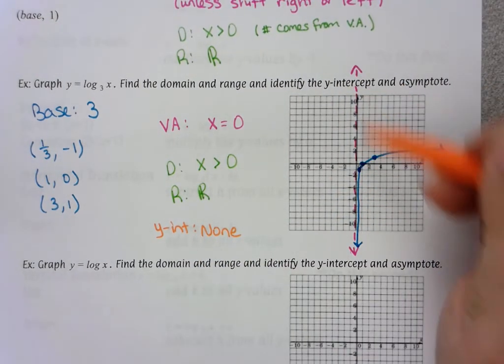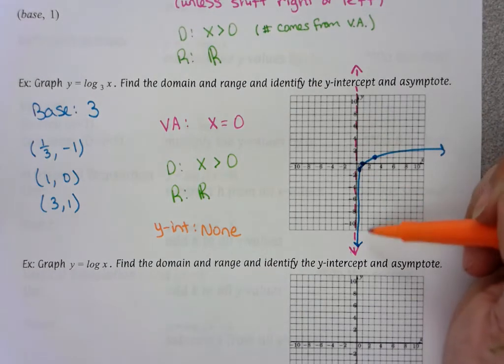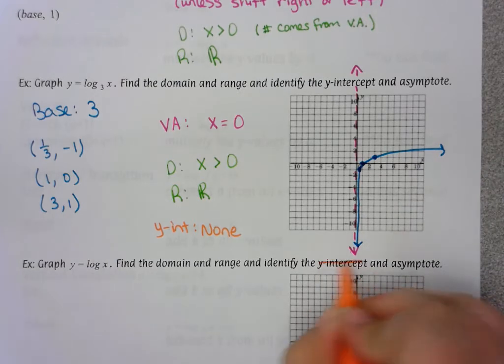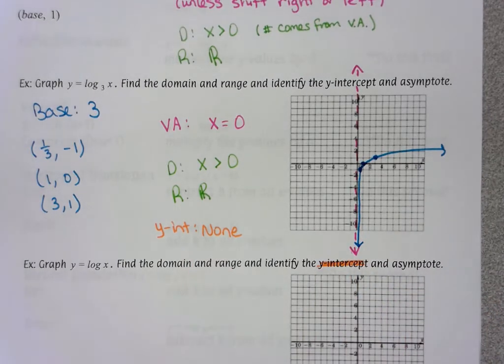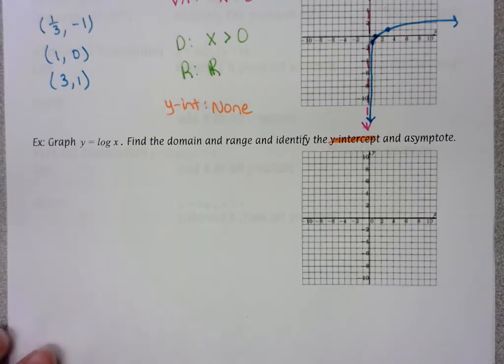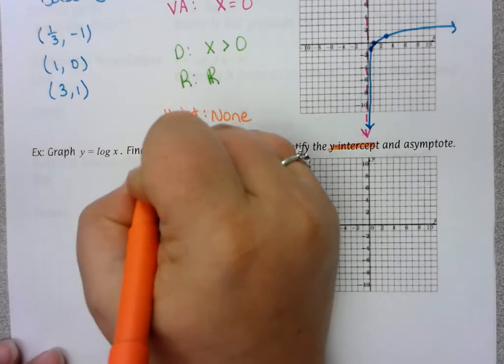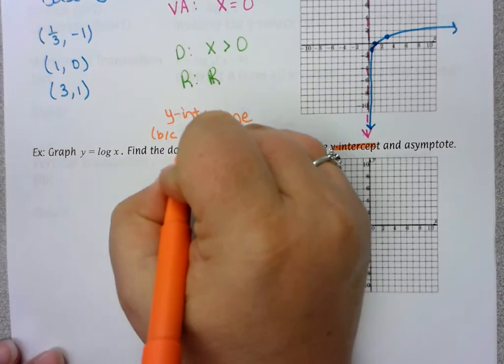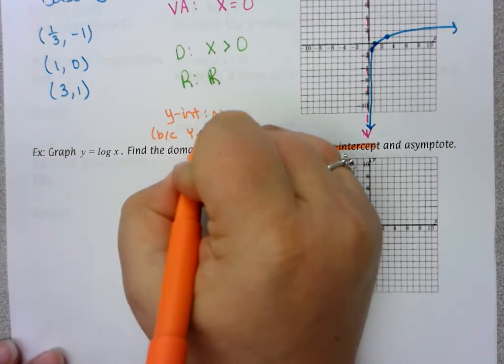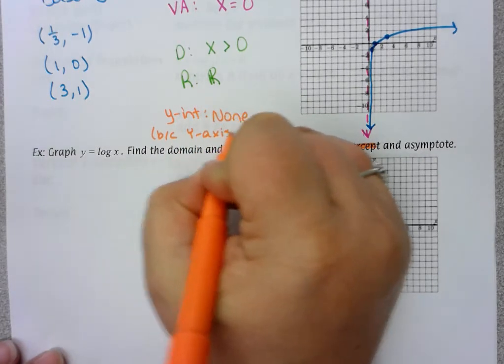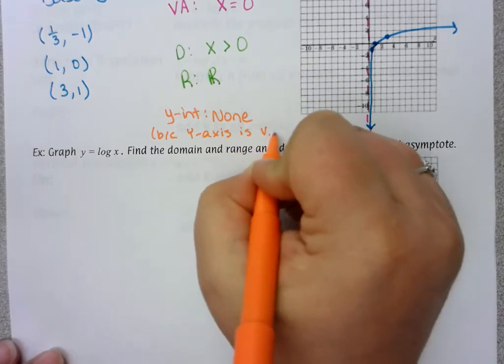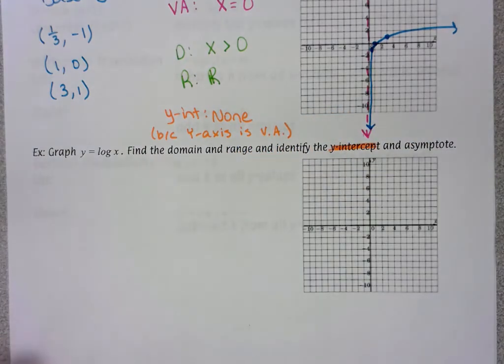Because the vertical asymptote is on the y-axis, it cannot touch or cross, so we do not have a y-intercept. So we're going to leave that one off of the next one because there is not a y-intercept. And we can write that on there: none, because the y-axis is a vertical asymptote, which a graph does not touch or cross.